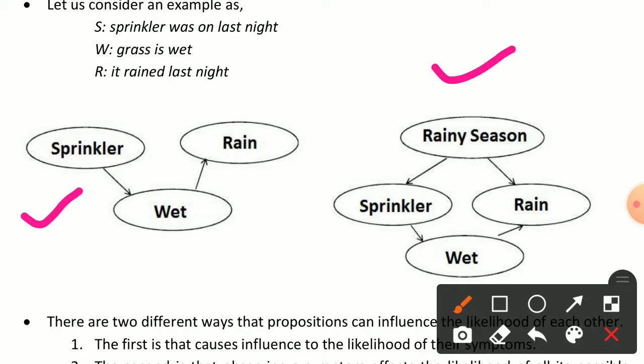In the rainy season, the sprinkler was on and rain is coming, so the grass can get wet. So we can take this example.